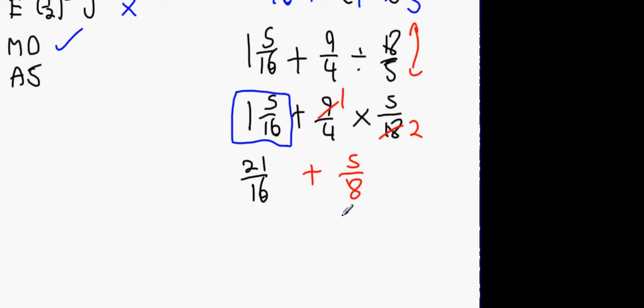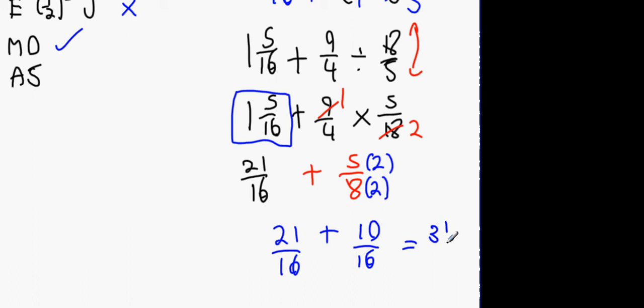The lowest common denominator, which is 16, because 8 divides into 16. So we multiply top and bottom by 2. We're going to get 21 plus 10, both over 16. And what's the answer? 31 over 16. Yeah, perfect.